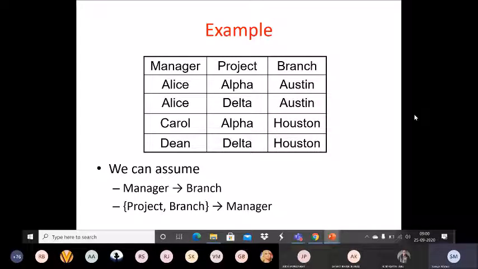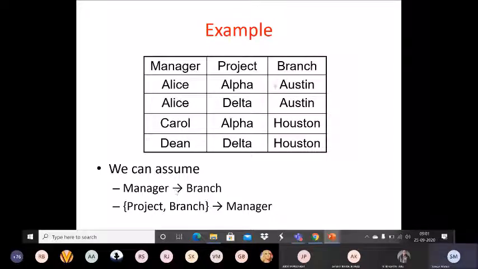You have seen this example. We can assume that manager determines branch. If you take a manager, you can easily go to his branch, right? So the functional dependency manager determining branch exists here, no problem.